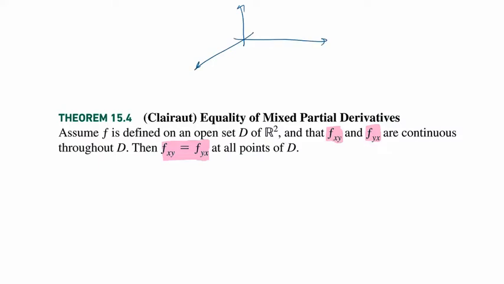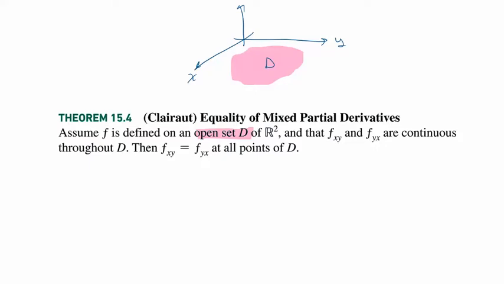So our R2 would be this xy plane. And f is defined on some, let me use pink again because we were using that before, some open set D. So I've got some D here. This may not be the entire domain, but it's at least I know it's defined in there. I know that my function has outputs for those particular inputs.